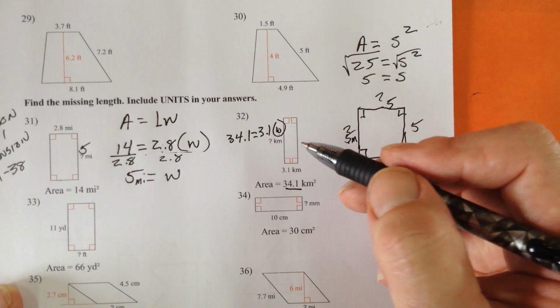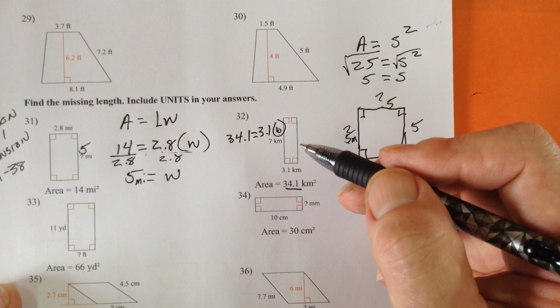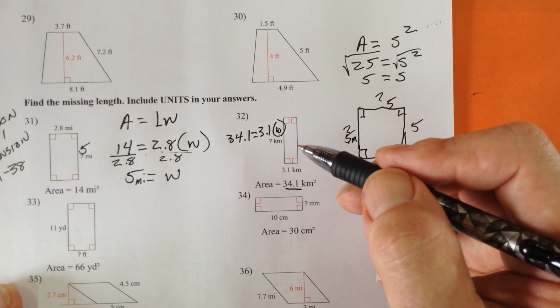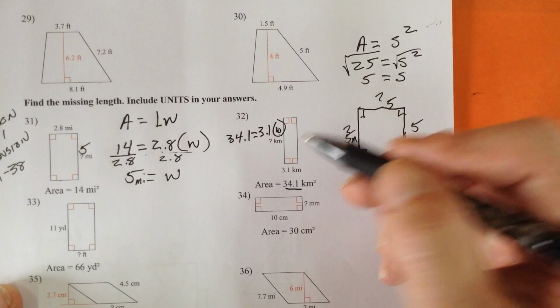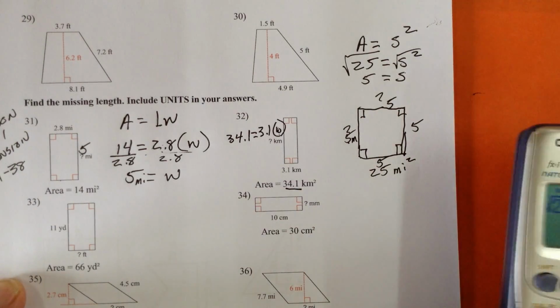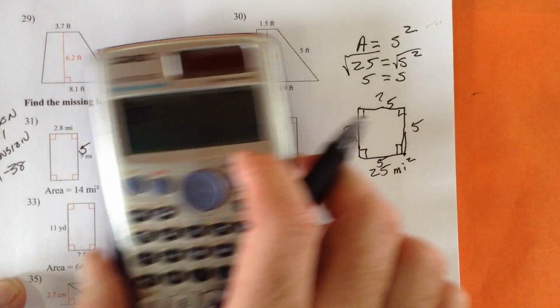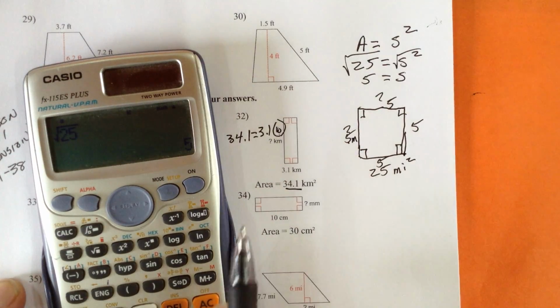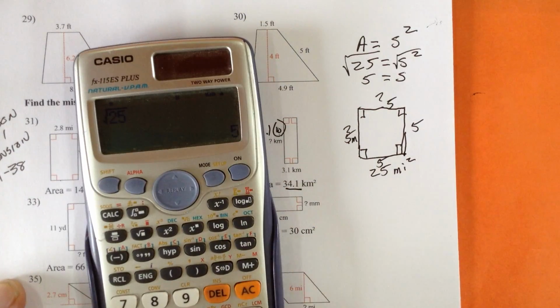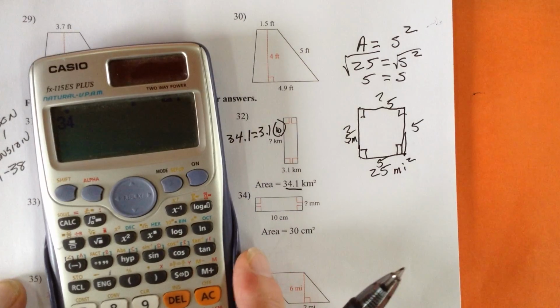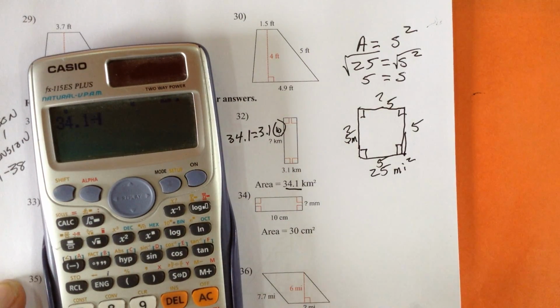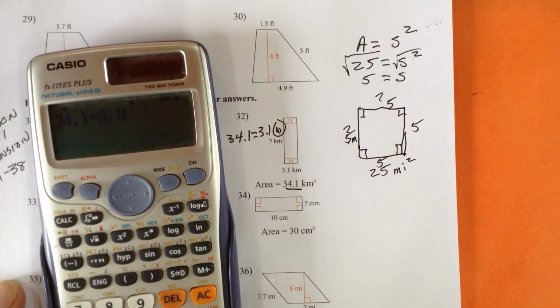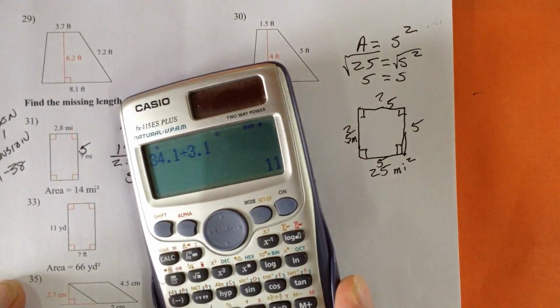Okay, so did I work this one out? Yeah, but I did it wrong on my practice sheet here. So here, I'm going to go the opposite of multiplying is dividing. I go 34.1 divided by 3.1 equals 11.